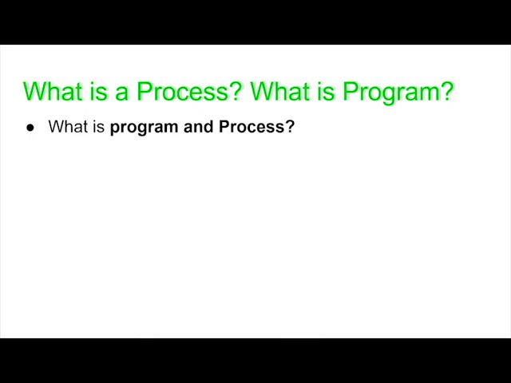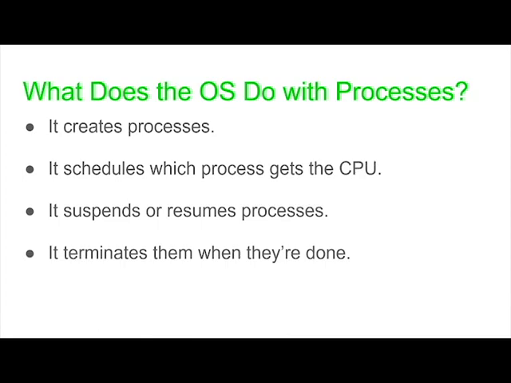Whenever you open Chrome, play your music, or run your Python code, each one of these is a process. So what does the OS do with these processes? The operating system acts like a manager in a busy kitchen. It creates the processes.